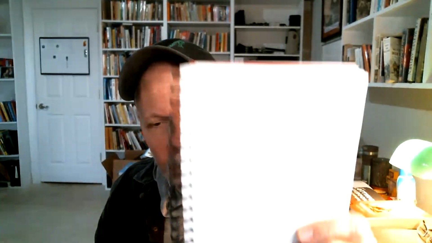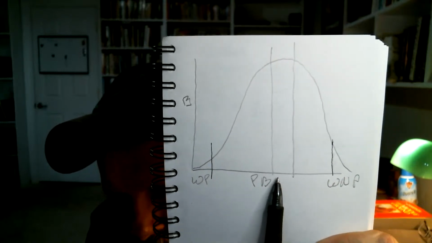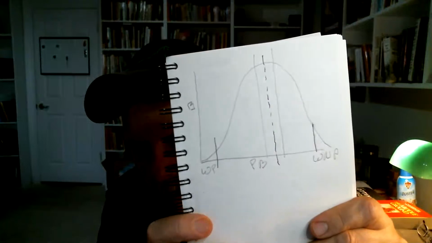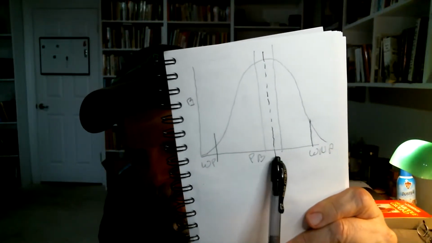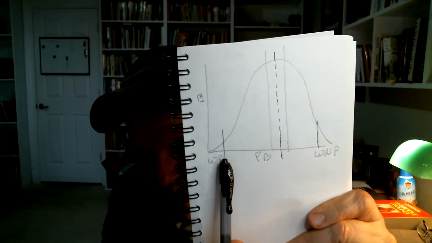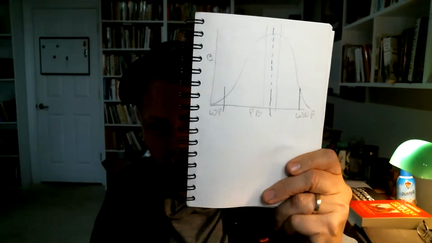In fact, you rarely get a perfect bell curve when you're looking at how data comes out, but let's just pretend. Here's the bell curve. Right straight up the middle, this is called the central tendency. Let's just make this a dotted line. That's the mean. Then as we go from the mean either to the left or the right, we get out towards the ends where the curve comes down towards the line, the tails.